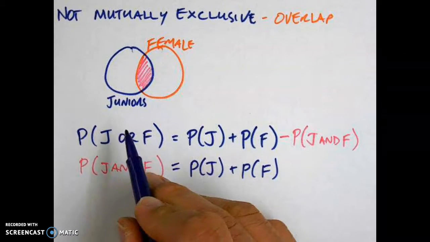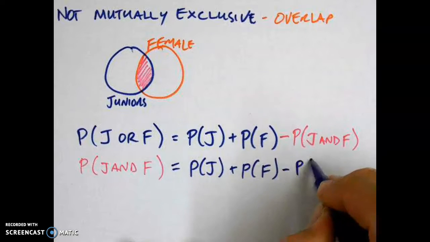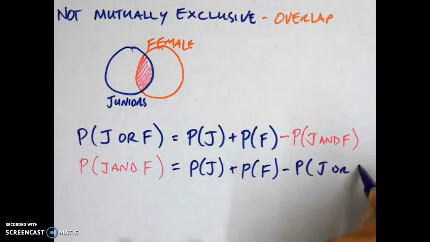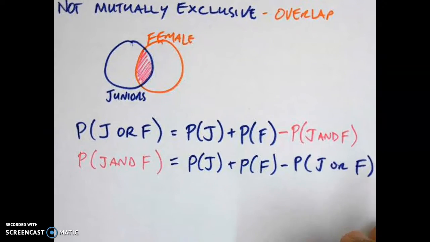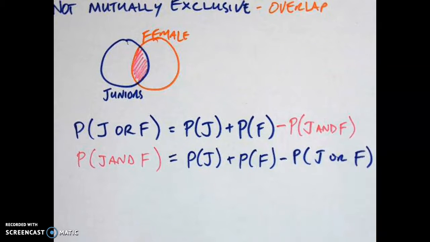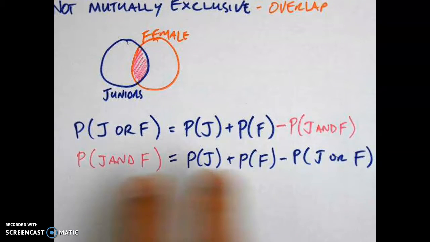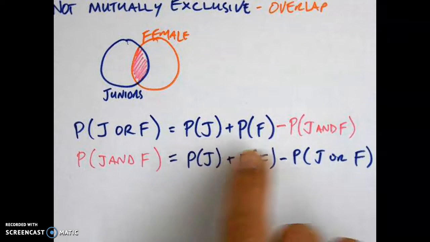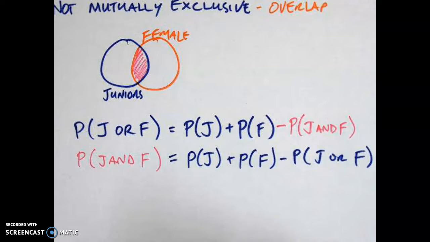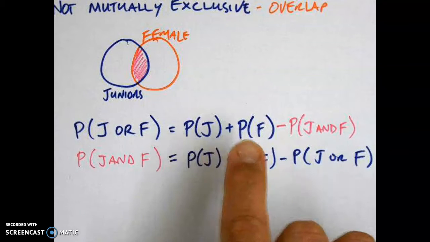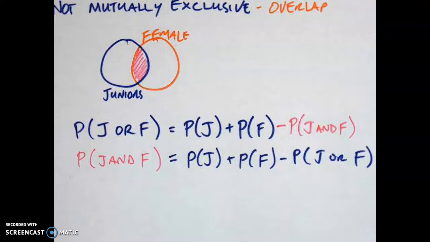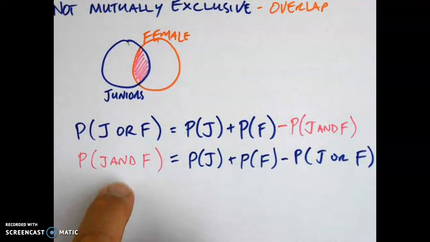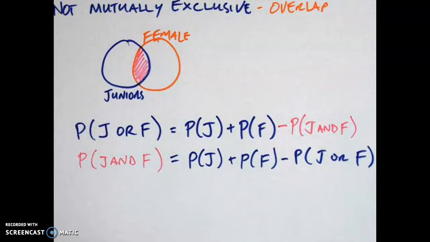And if I subtract this from both sides, then you have this equation. But notice that these two equations are almost exactly the same thing. You just add the two circles and subtract. Yes? You add the two circles and you subtract. So whether you're looking for the or the and, the equation is pretty much the same.